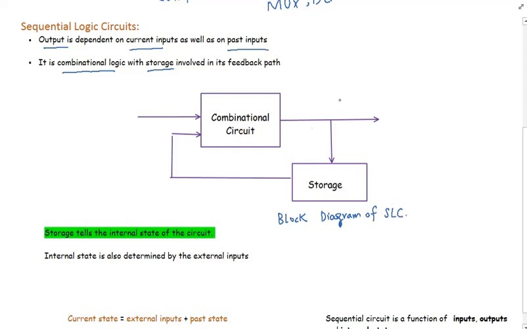Here the output depends on whatever input is applied and the internal state of this sequential circuit. The internal state is defined by the storage of this circuit.